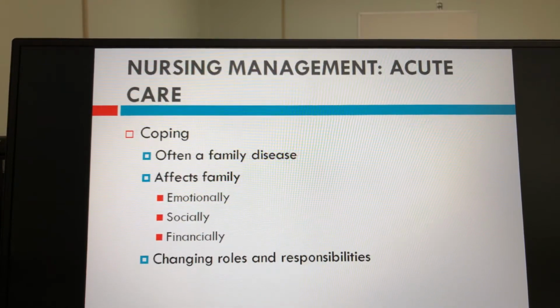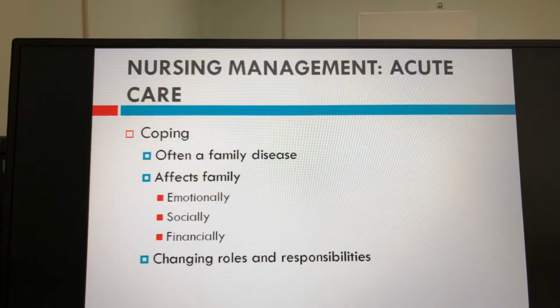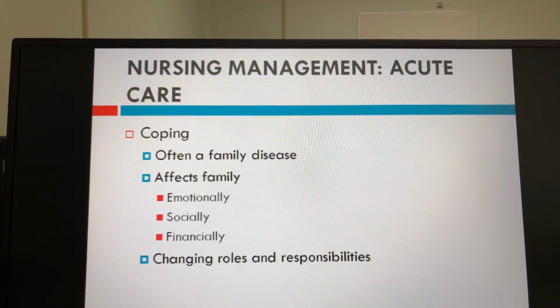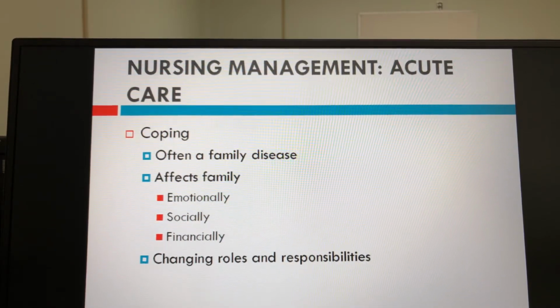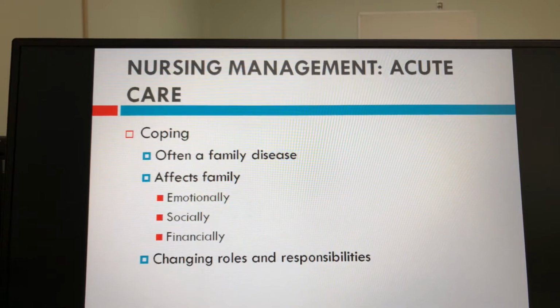And it says here, often a family disease, and it affects the family emotionally, socially, as well as financially. And changing roles and responsibility can weigh heavily on caregivers and family members.